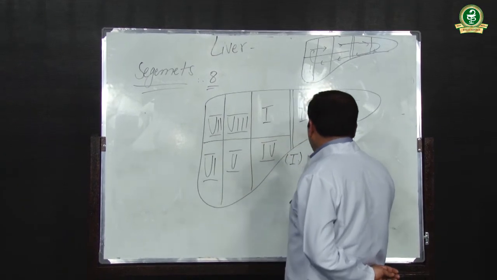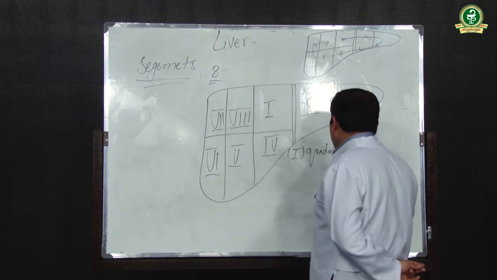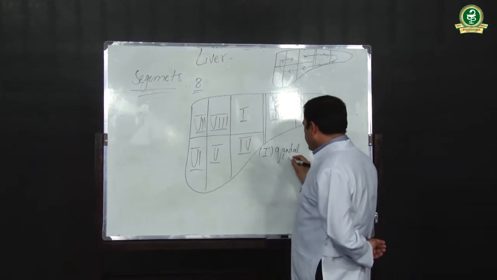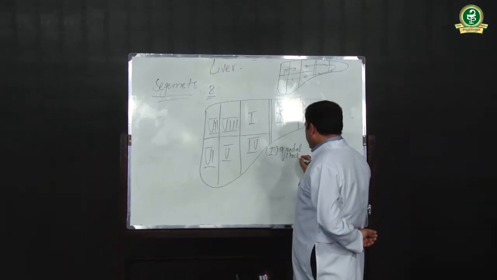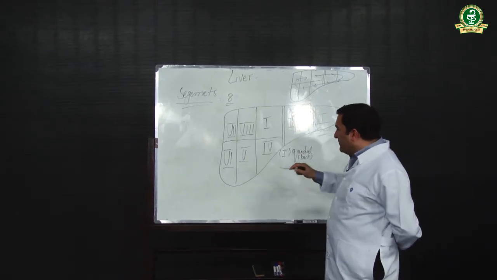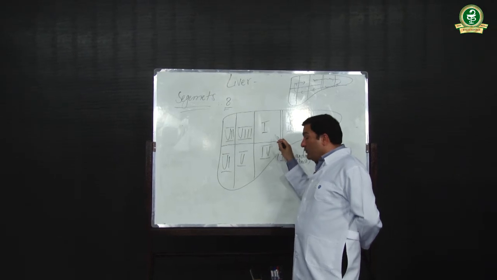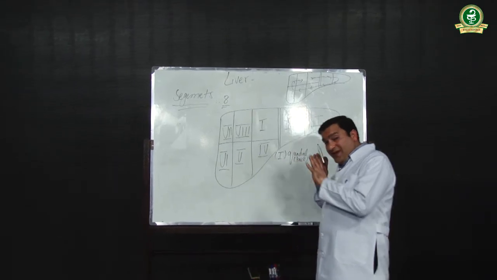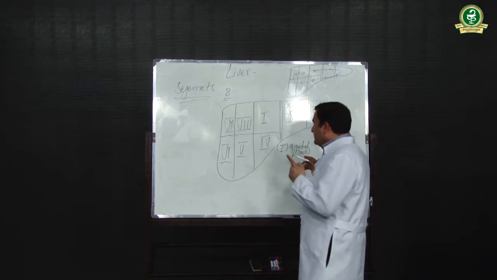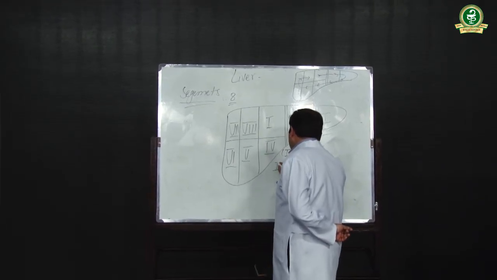The first is named caudal; caudal means back. It is present in the right lobe but on the back side, not shown on the anterior side of the liver.